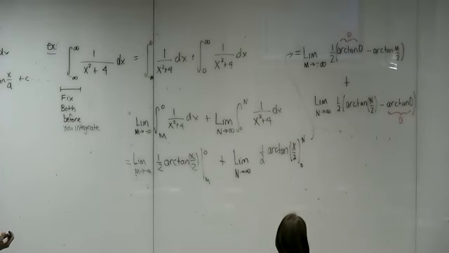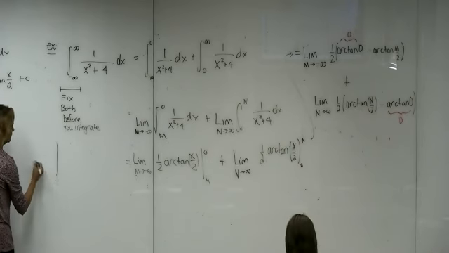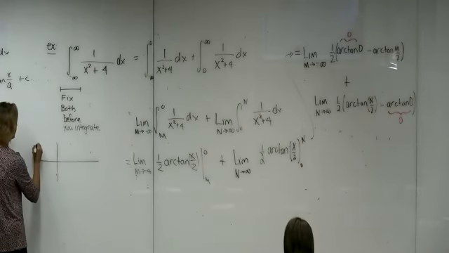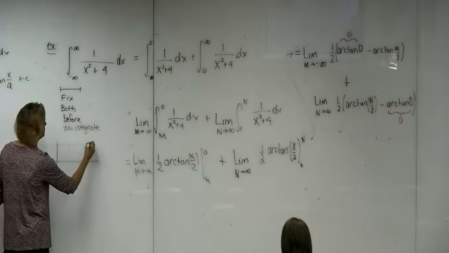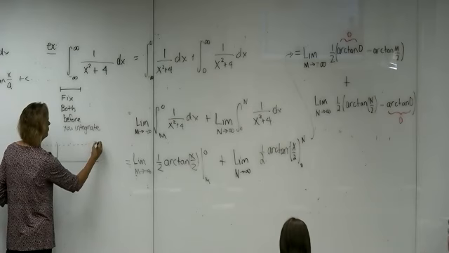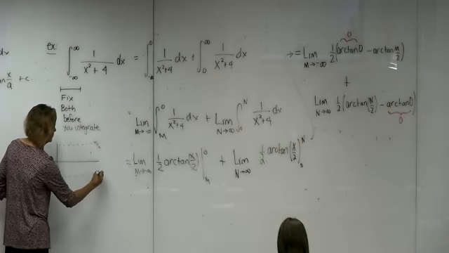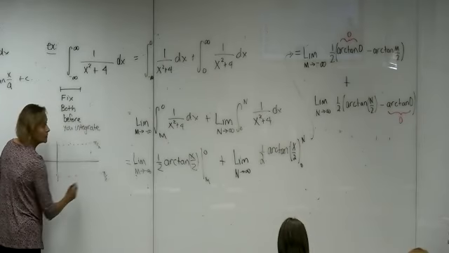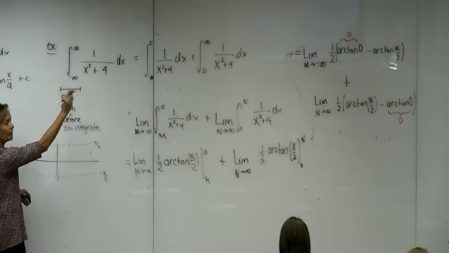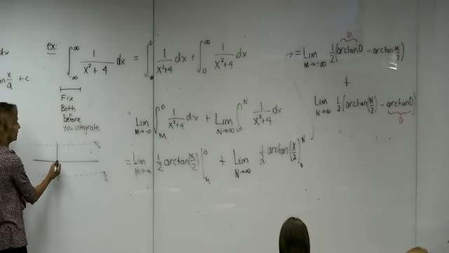So the vertical asymptotes become horizontal asymptotes. This is y equals pi over 2. This is y equals negative pi over 2. Tangent of 0 is 0, inverse tangent of 0 is 0. They both pass through the origin.